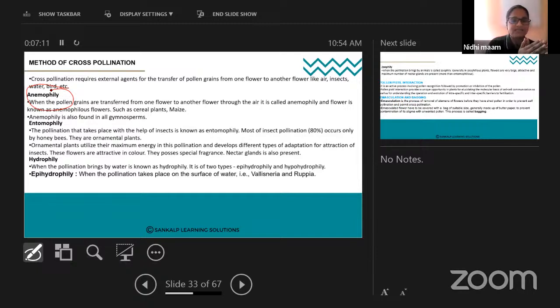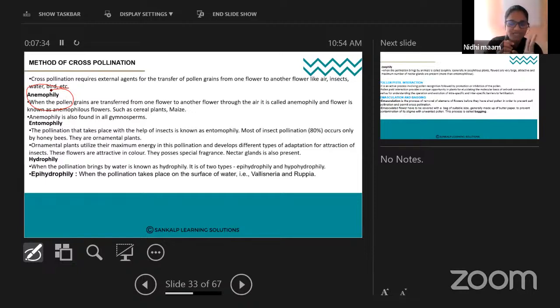In anemophily, the pollen grains are transferred to the stigma of the other flower via air. That is why we call it anemophily. In hydrophily, as the name indicates, the pollen grains are transferred to the stigma of the flower through the water.